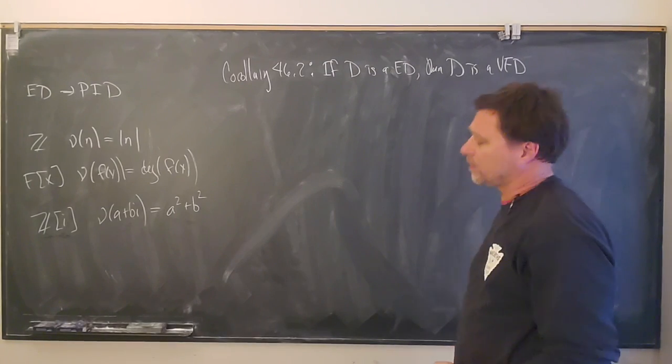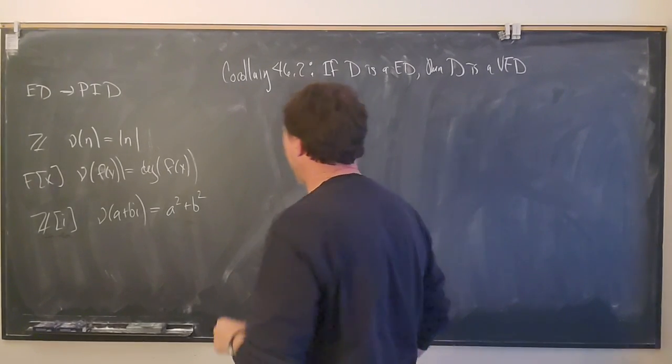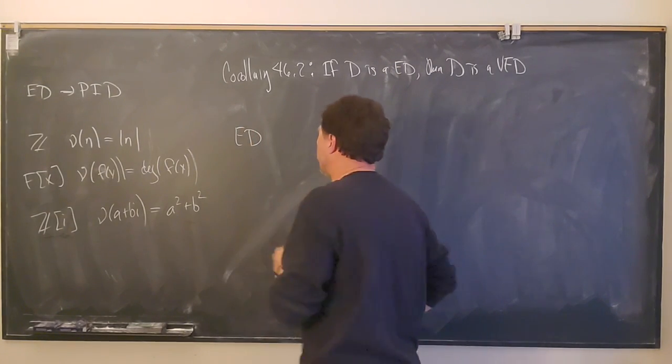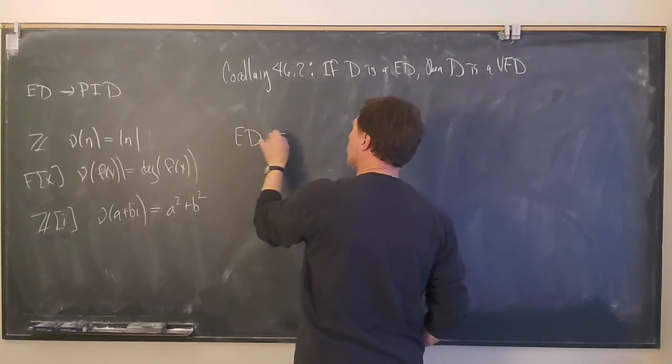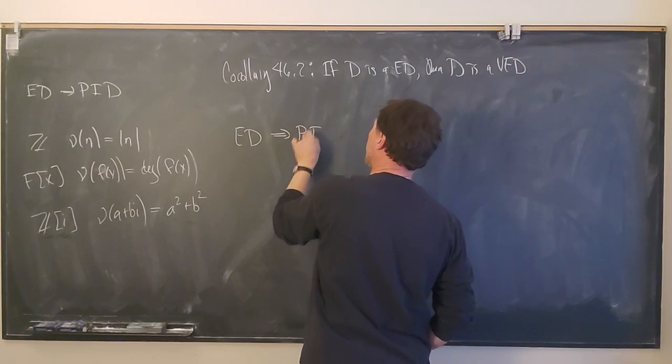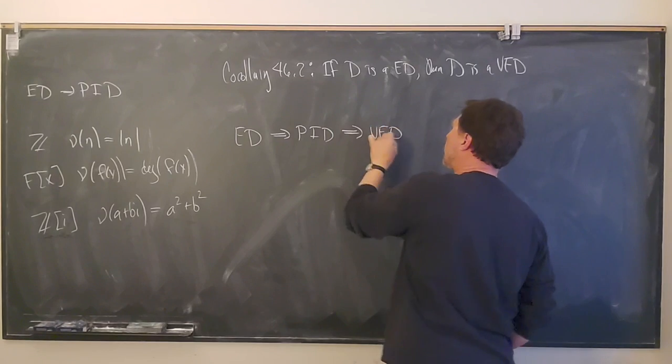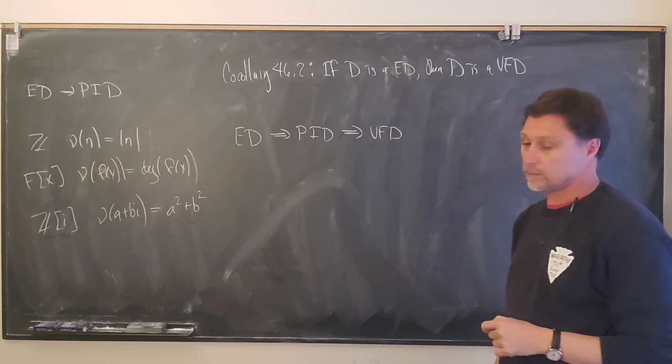And there's nothing to prove here, or if you like, here's the proof: Euclidean domain implies principal ideal domain, and then principal ideal domain implies unique factorization domain.